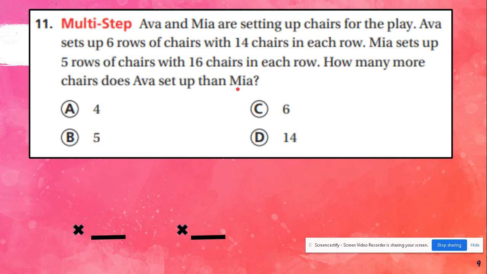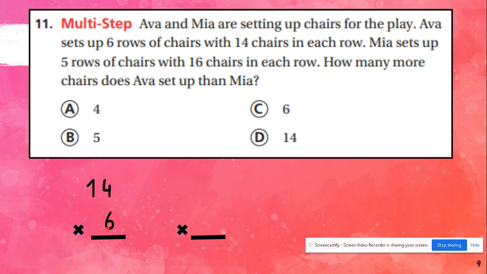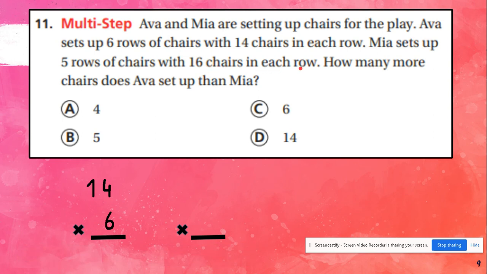So here is a multi-step problem. We have 2 girls setting up chairs. So let's go back. Ava sets up 6 rows of chairs with 14 chairs in each row. So I'm going to get 14 times 6. That's for Ava. Mia sets up 5 rows of chairs with 16 chairs in each row.